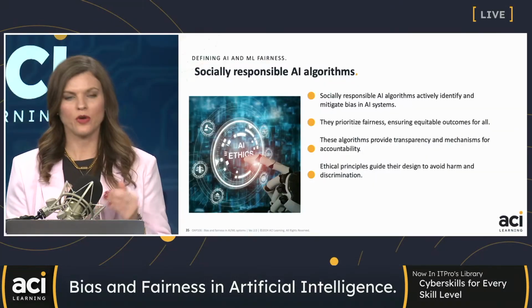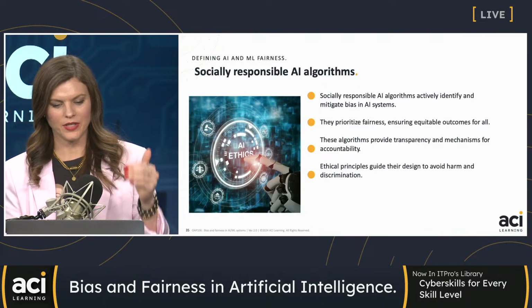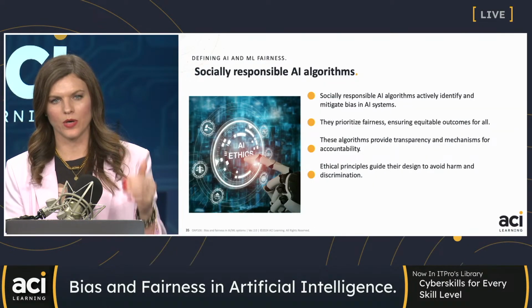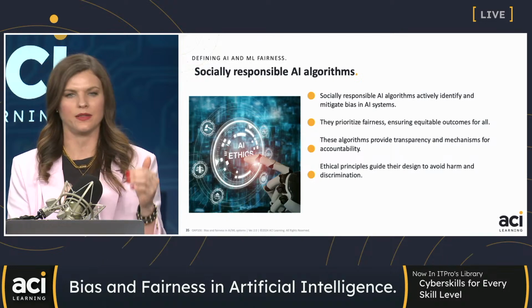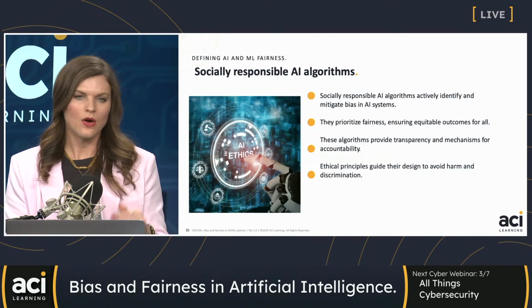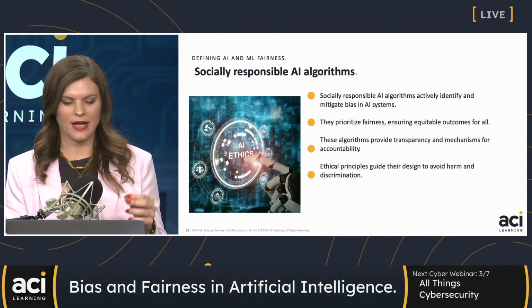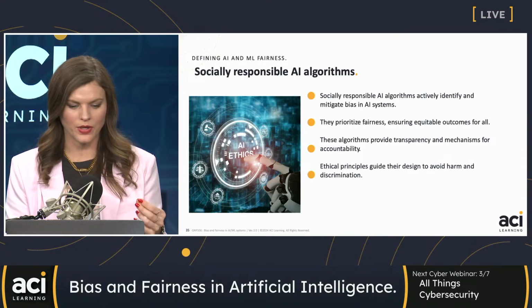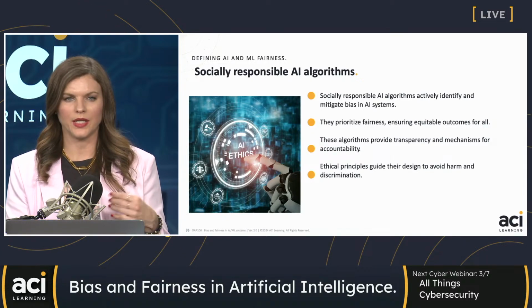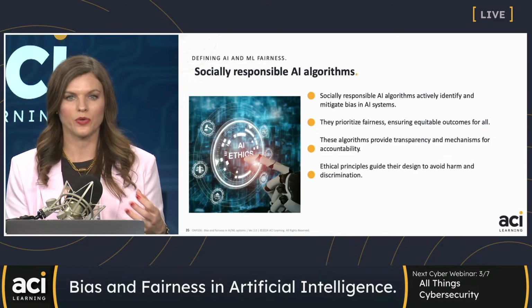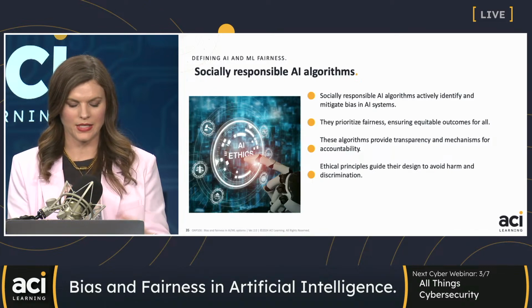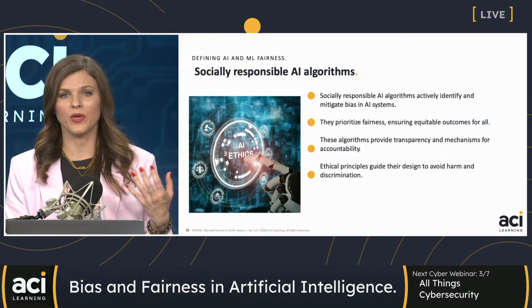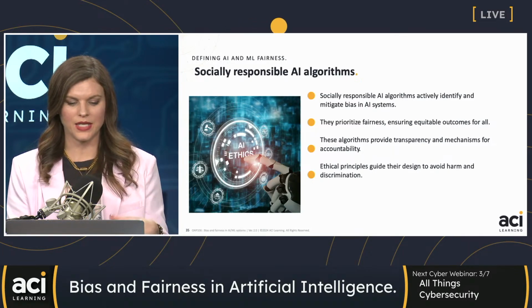So they go beyond functionality, and they look at prioritizing fairness and equity in their decision-making process. We're also looking at an SRA having fair and equitable outcomes. So this is considering the algorithm prioritizing fairness as a main factor. And then we've got the transparency and the accountability piece.